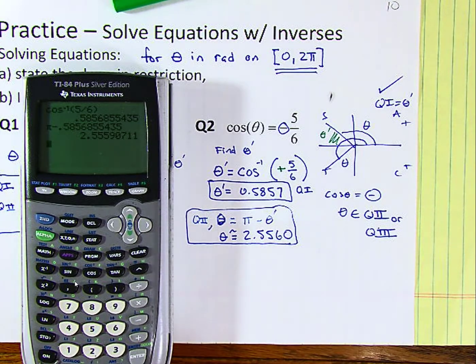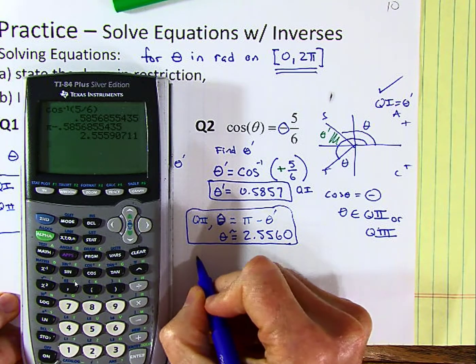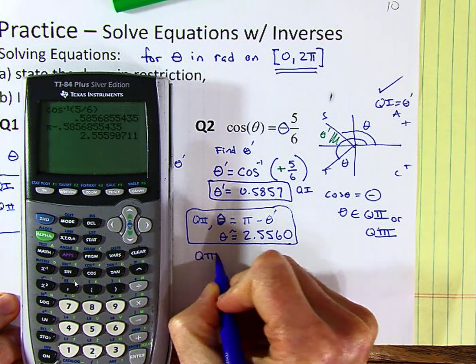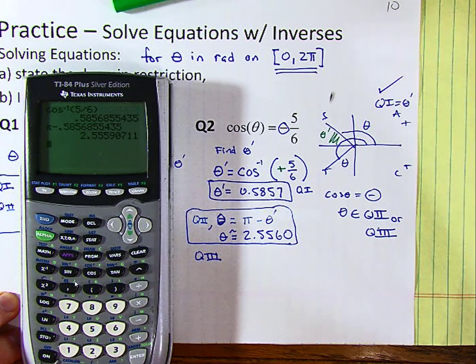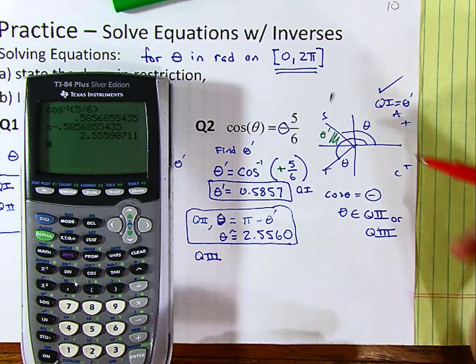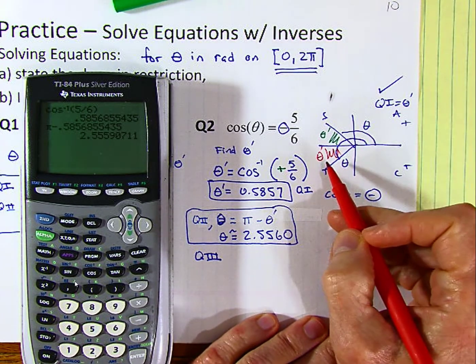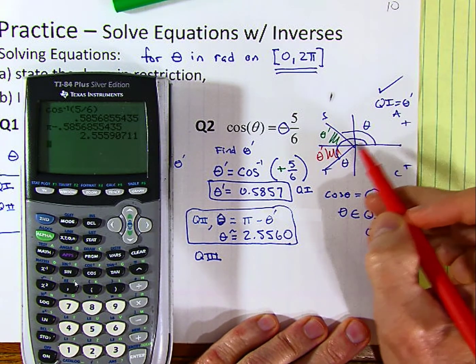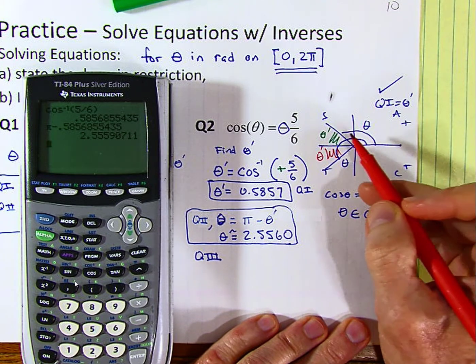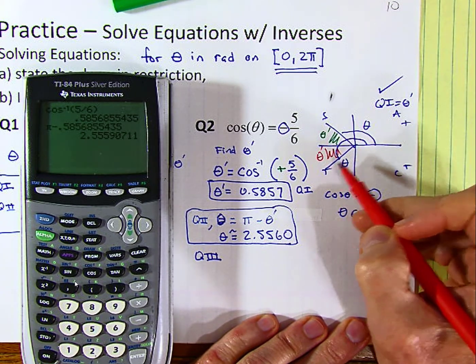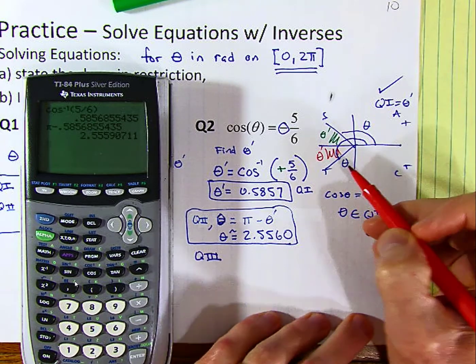All right, I'm almost done. I got one more of these. So now I want to do quadrant 3. Okay, well, quadrant 3 is down here. And this would be like the reference angle. So I have the reference angle. And if I take 180 plus this red part, I'm going to get the true angle in quadrant 3.